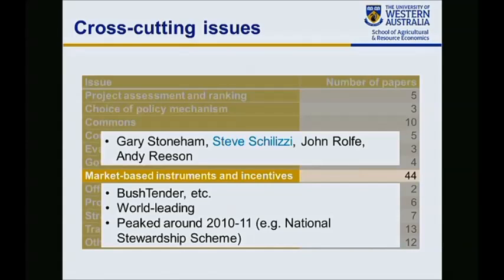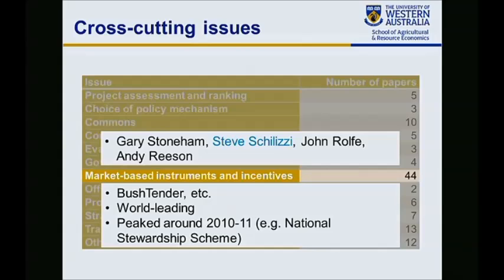And then I think it's fair to argue that Australia has been a world leader, a bit like we have been with water markets, with the difference being that water markets are very well embedded in our institutional arrangements, and no one's suggesting that they should go away. Whereas BushTender, or the whole idea of these market-based instruments, has been, I wouldn't call it a roller coaster exactly, but you could argue that it's peaked.